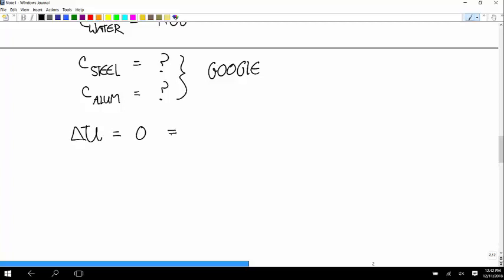And that's going to be the mass of the water times the change in internal energy of the water, plus the mass of the steel times the change in internal energy of the steel, plus the mass of the aluminum times the change in internal energy of the aluminum.